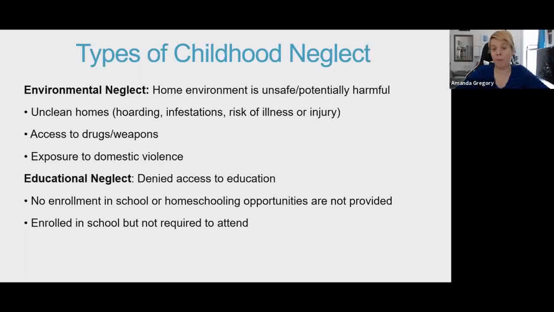Access to drugs or weapons in the home is also considered unsafe. Also is exposure to domestic violence. That is a big one. We see that a lot in child neglect. It could be physical domestic violence. It could also be emotional abuse of a parent, which could also create an unsafe emotional environment.